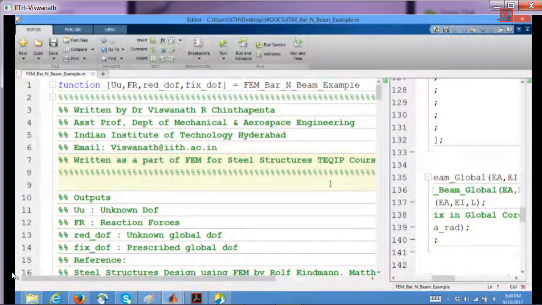But generally finite element codes are not written in this lame fashion. This is written in this fashion only for the reason that it exactly represents how I teach in the class. But when you write efficient programs just like commercial software, the assembly and other things are done in a much more automated fashion.